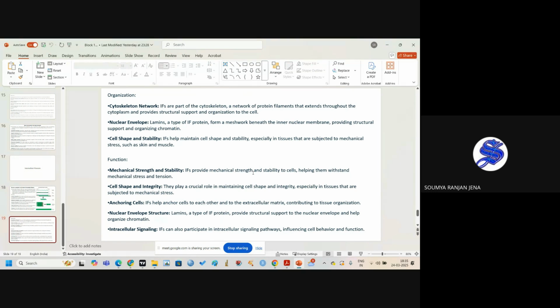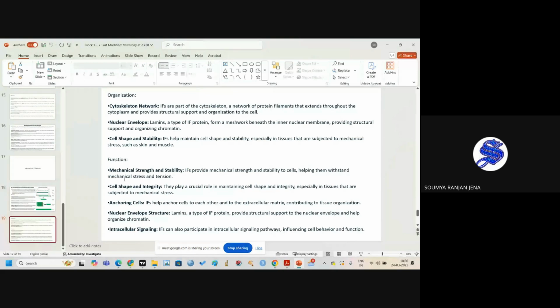If we go to the different functions of these intermediate filaments, they provide mechanical strength and stability to the cells. This mechanical or tensile strength and stability is required to help cells withstand mechanical stress and tension, because most of the time our muscle and skin undergo mechanical stress or tension.